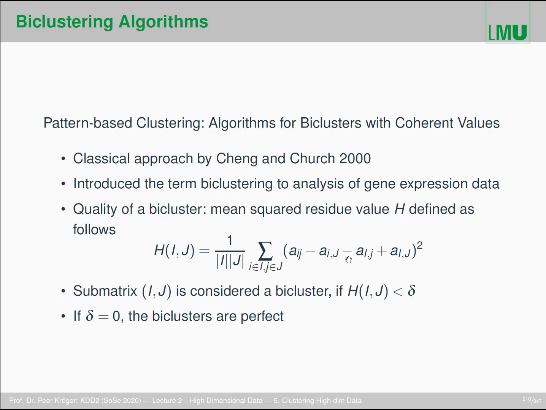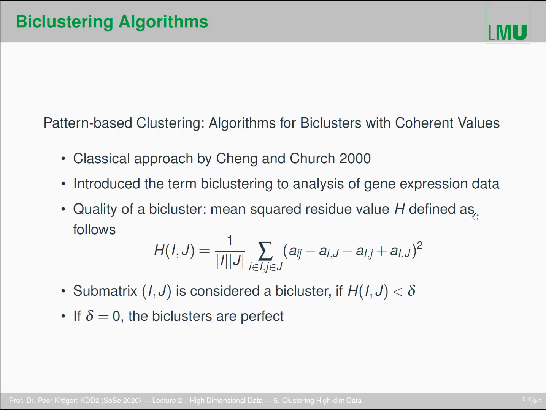This is just the variance of the cluster as we had before, and they look for submatrices such that this mean squared residue is smaller than a given input parameter, delta. And of course, if delta is 0, so if the mean squared residue is 0, then the bi-cluster is perfect.